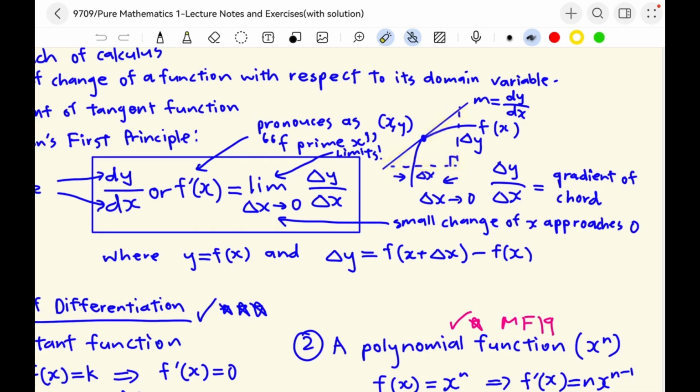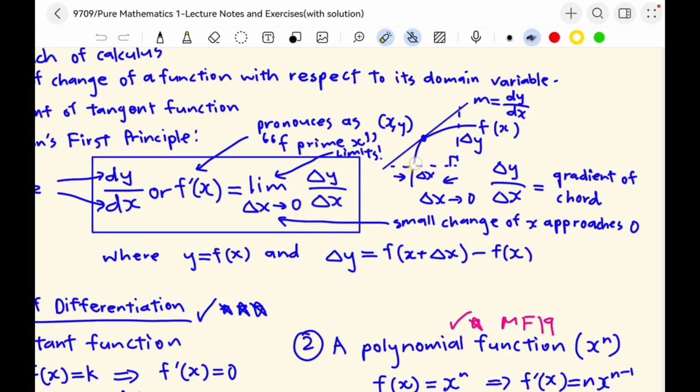So as we narrow the small change of x, okay, as the small change of x is approaching 0. However, it is impossible to divide by 0 because it gets undefined. So instead, we can use the first principle because somehow the small change of y can change and simplify the small change of x.